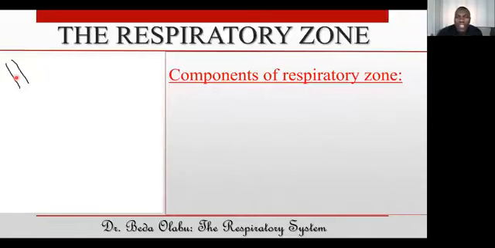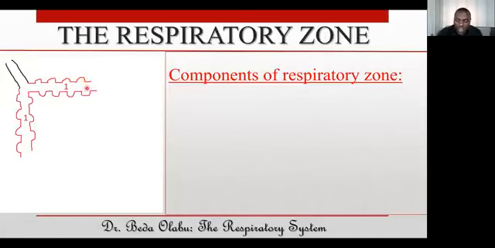We had called it the terminal bronchiole. The terminal bronchiole divides into airways which look like this. Yes, there are channels, but their walls are interrupted by alveolar units.